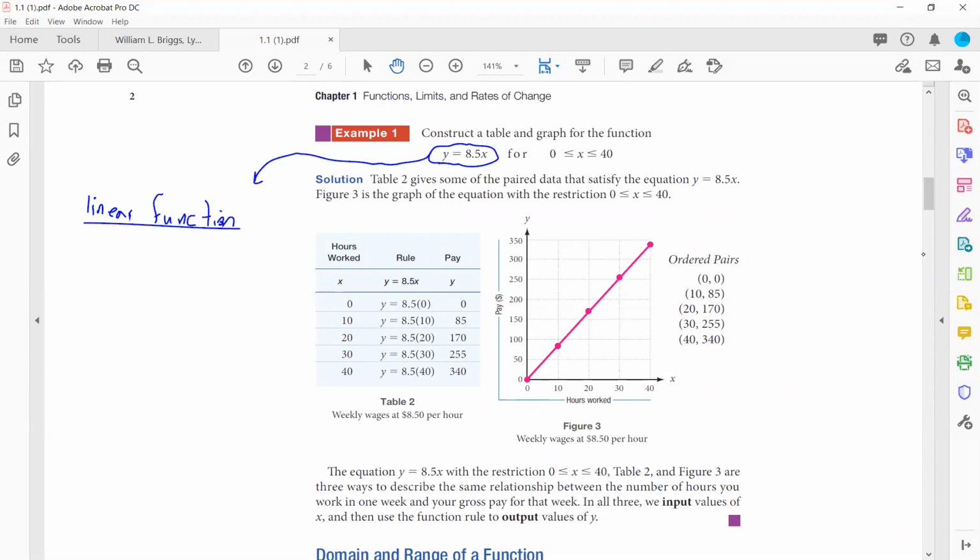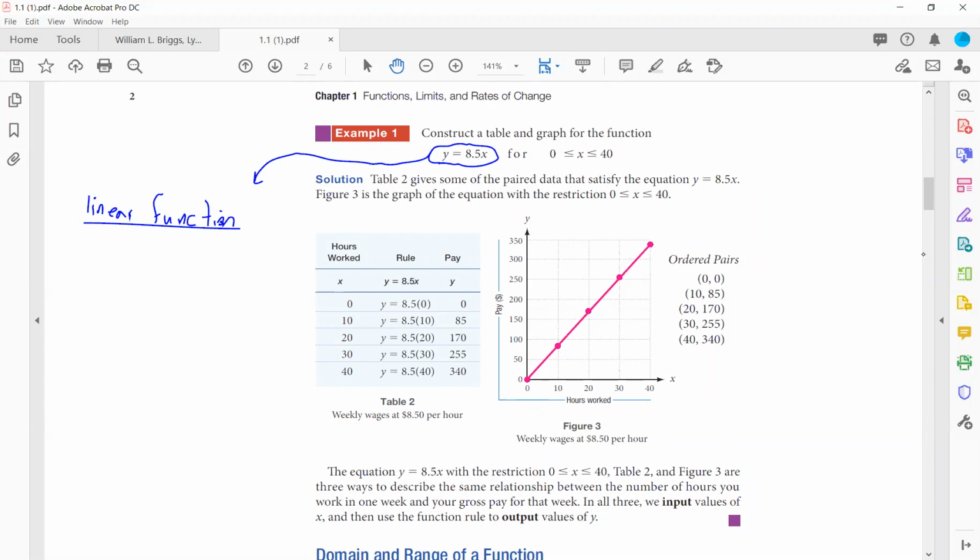We're going to review linear functions later. Okay, we can take on different values for x, evaluate the function, and have our output values.